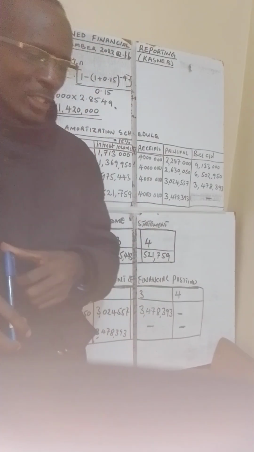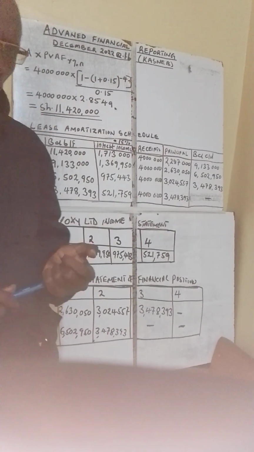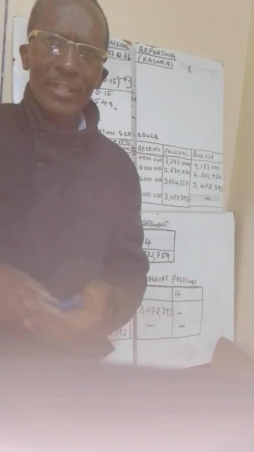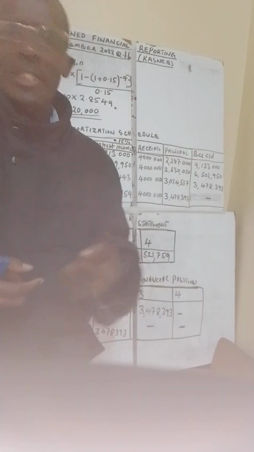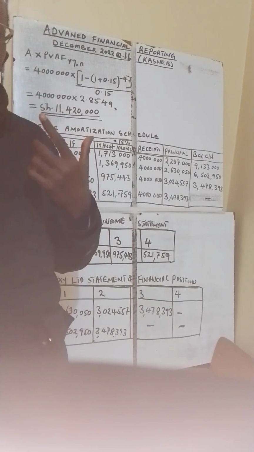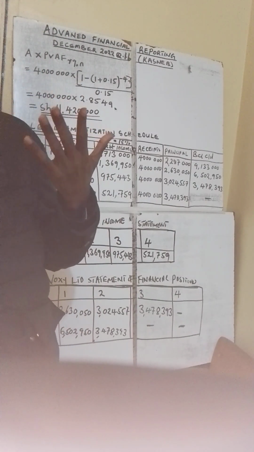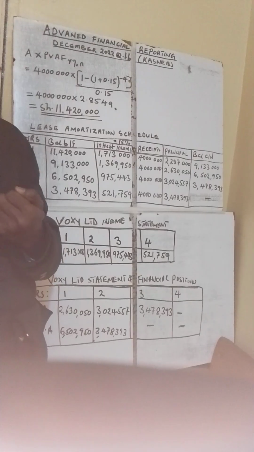So we are doing leasing, because we have introduced what leasing is, the types of leasing, why it arises, what we are trying to avoid, why we are not purchasing this particular asset, why we are trying to rent it.